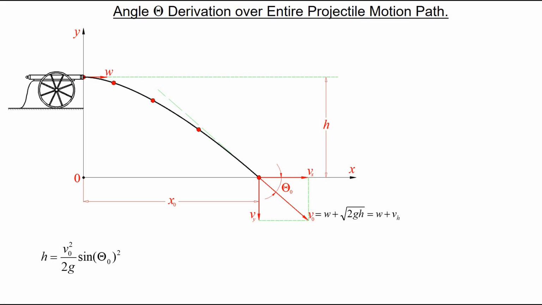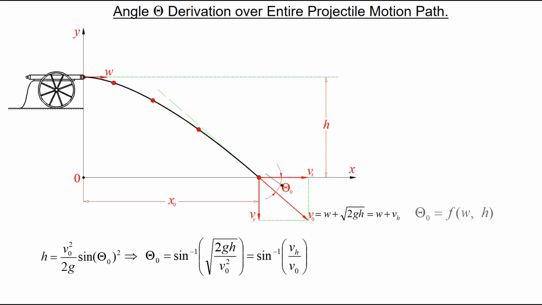Now we can return to our previous ballistic problem and solve a final unknown value, an angle theta 0 at which projectile hits the ground. Angle theta 0 equation expressed from height equation, and it is from here we can derive angle theta 0 as a function of initial velocity v0 and maximum height h.